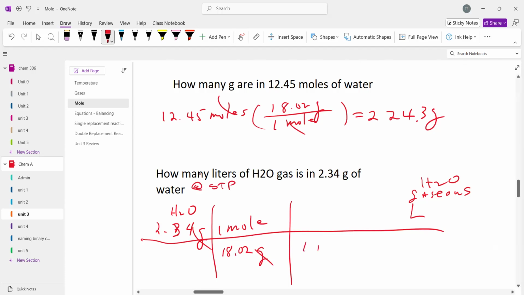Okay, that's going to be moles on the bottom, liters on the top. So now via moles, we've gone from grams to liters. And we're looking at 3 sig figs.